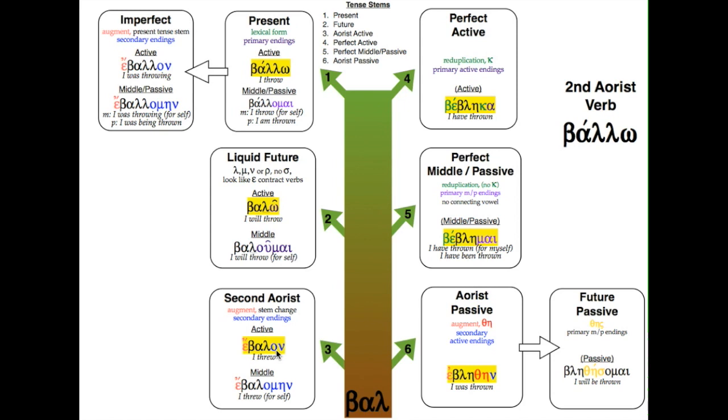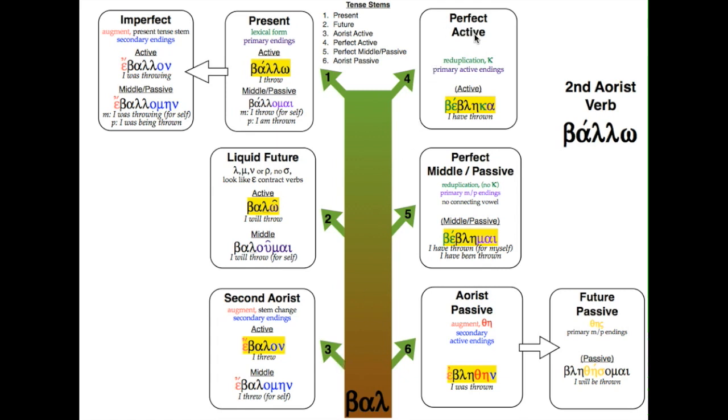But there's no sigma alpha, and you'll notice that it looks just like the imperfect, except there's only one lambda, right? Okay, so that's the second aorist. And please notice you can have a verb here like ballo that has a liquid future and a second aorist. How obnoxious of it, but it does, okay? That's why you really need to understand all six tense stems to really know the verb inside out.